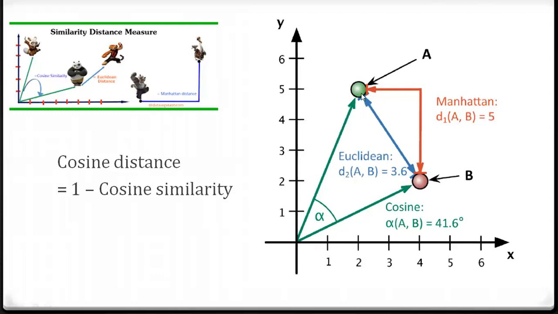When you join these 2 points, this line helps us determine your Euclidean distance. And when you measure the distance using these 2 vectors along the axes, this becomes your Manhattan distance. And when you measure the angle and take a cosine of it, that becomes your cosine similarity.